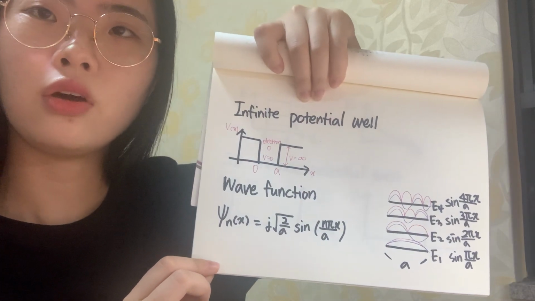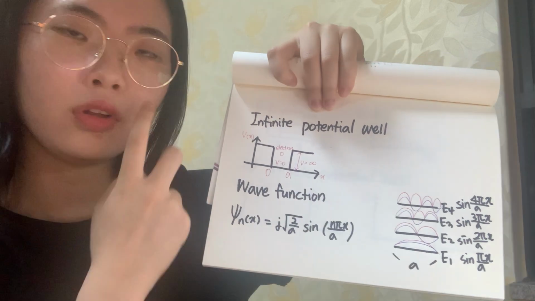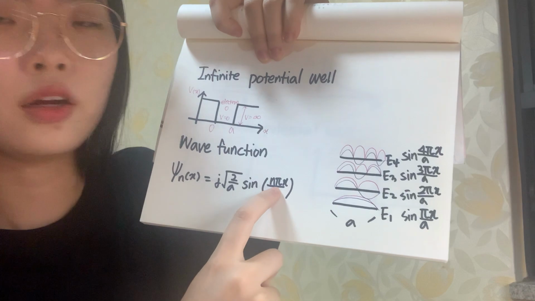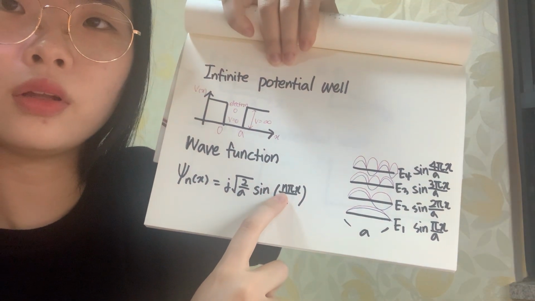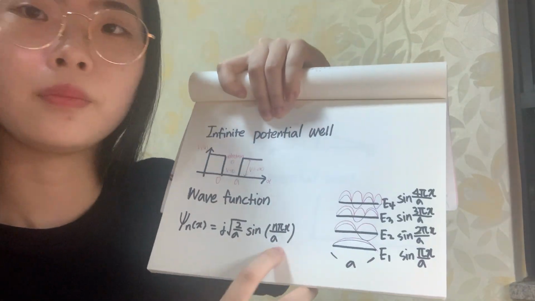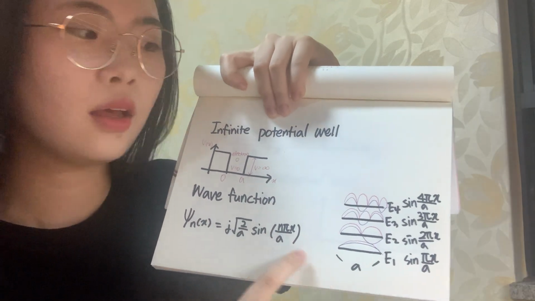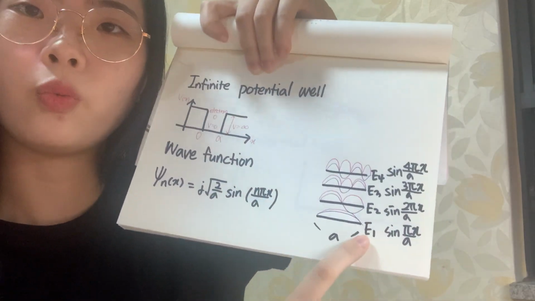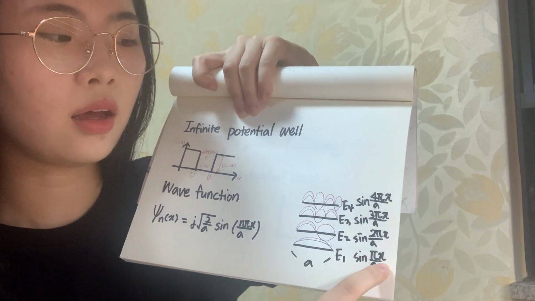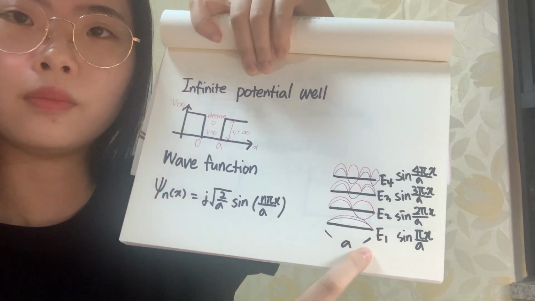Then let's talk about the wave function. We can calculate the wave function through the equation. In here, we can put some number in the n parameter. If we put the number 1 in this n, it means energy level 1, and this equation means sine pi x over a, and we can draw a graph like this.